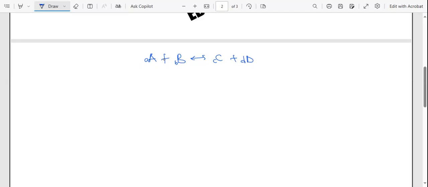Given this, how do we find the equilibrium constant? The equilibrium constant will be the ratio of products over reactants. So we'll say Kc, in terms of concentrations. We are looking at the concentration of all these reactants and products.